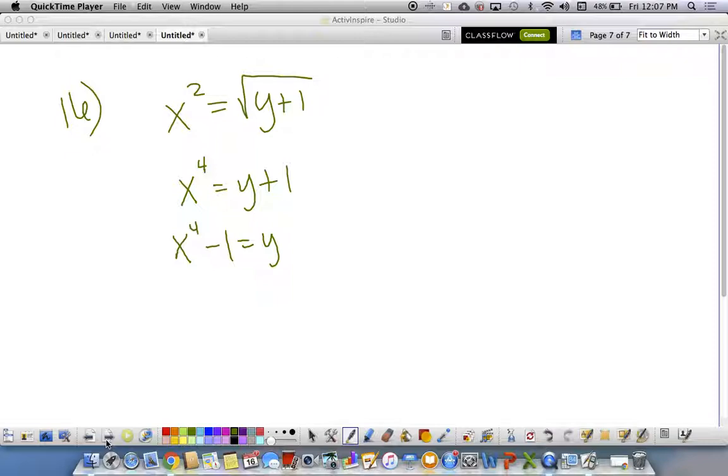Do you have a difference of squares? Could you factor it? It doesn't ask you to, but I need you to recognize a difference of squares when you see it. We have x squared minus 1 and x squared plus 1. You don't have to do that right now. It's not what it's asking for. Do you recognize that that's what it is?